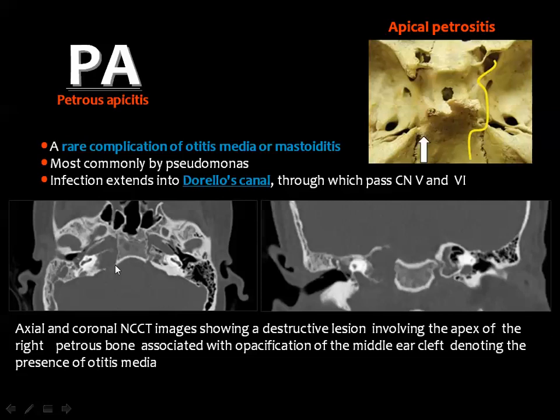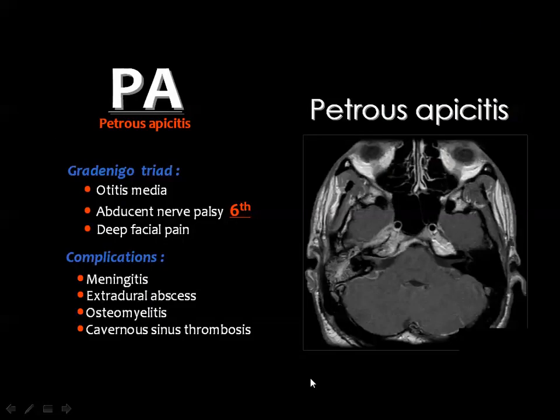And in the case I have seen recently, there were erosions of the petrous bone exactly similar to this appearance, associated with some erosive changes in the adjacent part of the clivus, and the diagnosis was a malignant lesion, and the differential diagnosis included skull-base metastasis. But one of the important clues for this diagnosis is the presence of infection in the middle ear and mastoid on the same side of the lesion.